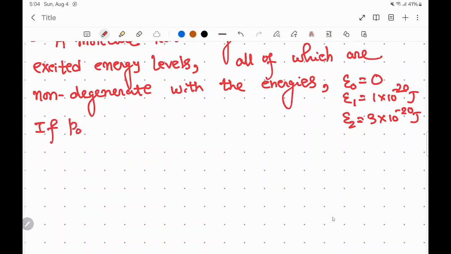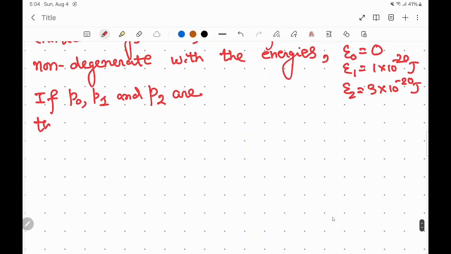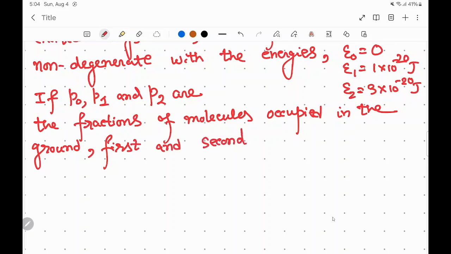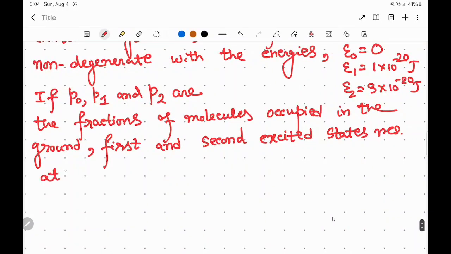If P0, P1 and P2 are the fractions, meaning probability, of molecules occupied in the ground, first and second excited state respectively at 298 Kelvin, then find P0 is to P1 is to P2.